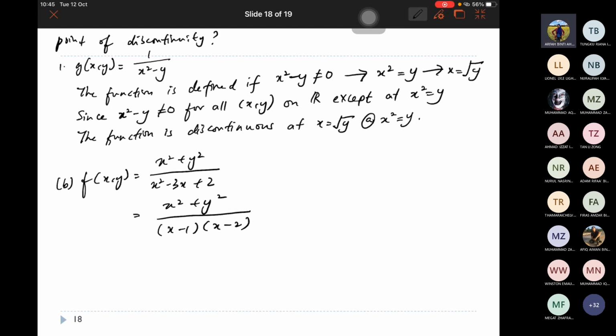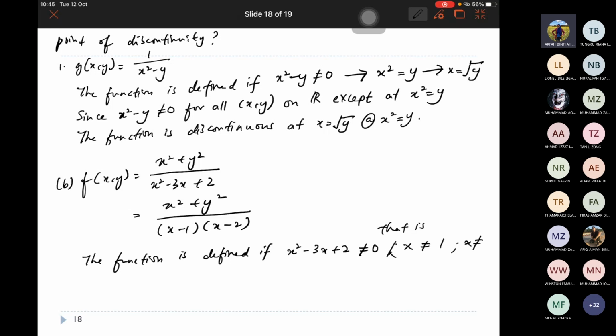So from here, the function is defined kalau x tak sama dengan 1 dan x tak sama dengan 2. Okay. The function is defined if x squared minus 3x plus 2 tidak sama dengan kosong. That is, x cannot be equal to 1 and x tak boleh sama dengan 2. Okay.